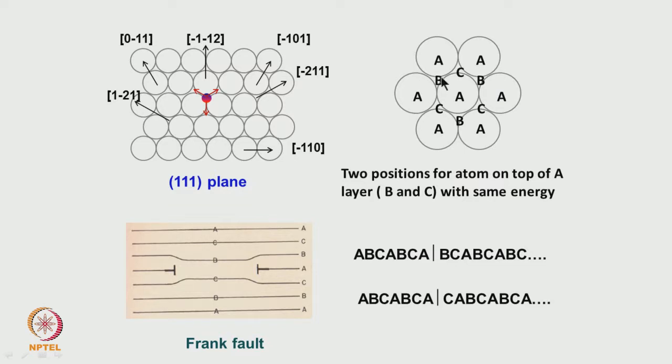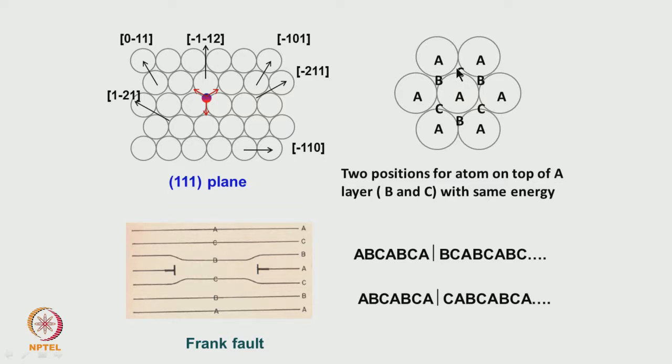Okay. Suppose from here to here, what is the vector? This vector in this direction is going to be a/6 <211> from here to here, because you can see from here I had just marked the direction. From here to here, this vector, you can calculate it. If a dislocation with this Burgers vector moves, then what it does is that it moves the atoms which are in B position to a C position.